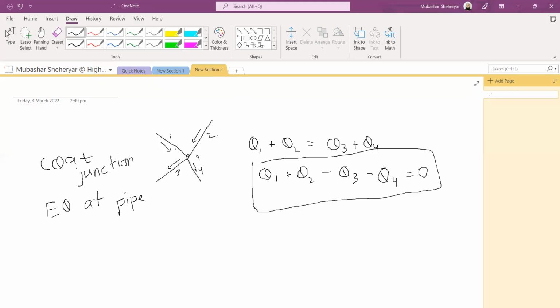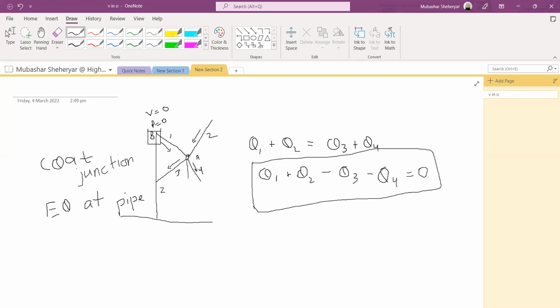Just for the case of pipe A, we assume that there is a point B and the flow is flowing from B to A. This point will have some elevation from a datum. For example, if I consider a reservoir at this point, at the reservoir the pressure is atmospheric, therefore the pressure at the water level will be zero and the velocity will also be zero. So for the reservoir case, we will consider only the elevation head.